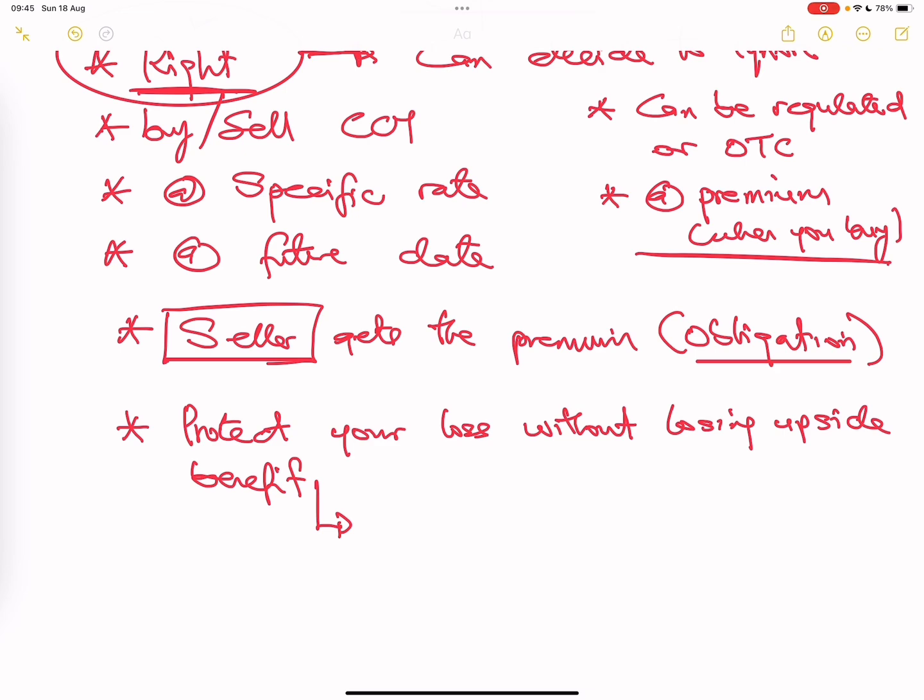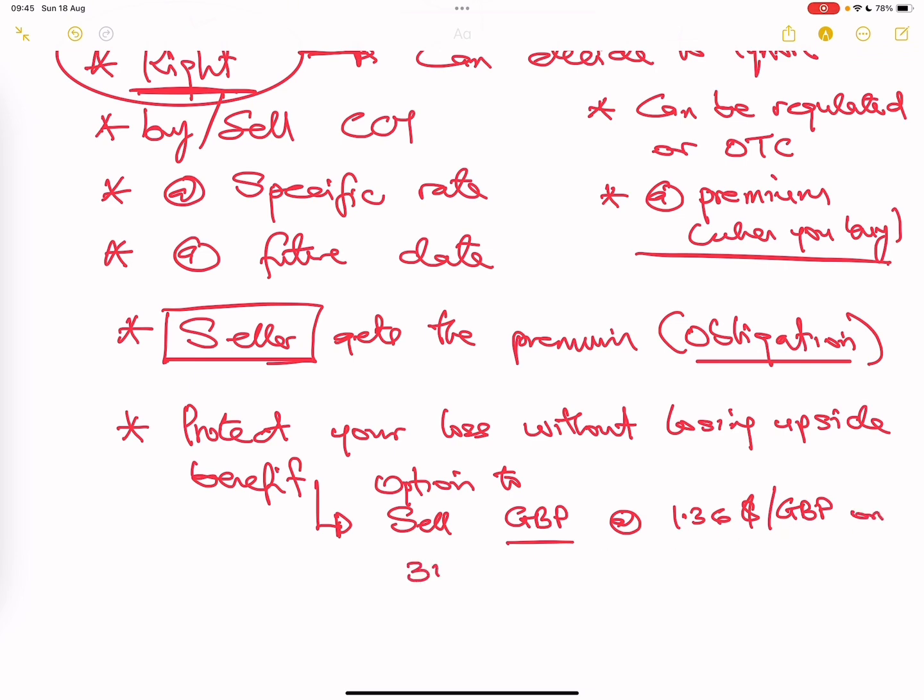So take, for instance, if you want to sell pounds, so you say GBP at $1.36 per GBP. Let's say this is the option. You have an option to sell. So you have an option to sell GBP at 1.36 on 31st of December 2024.